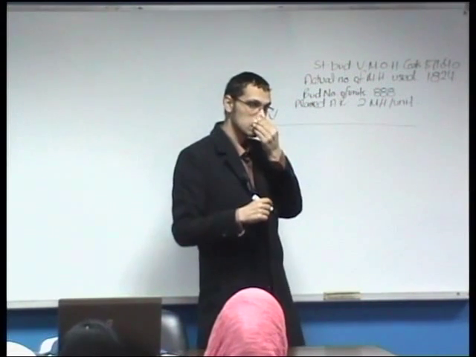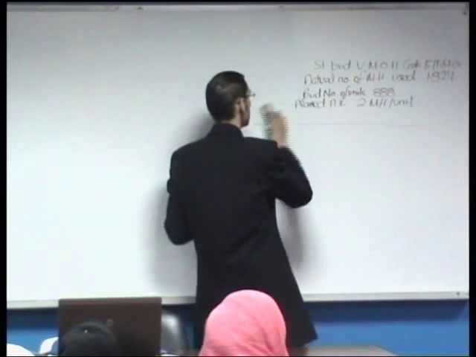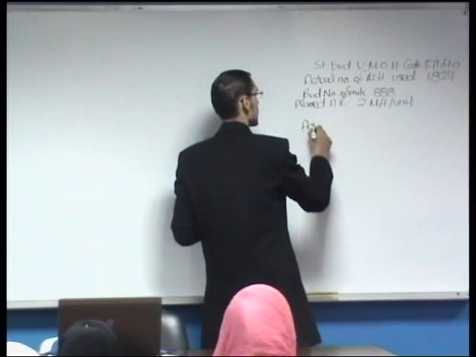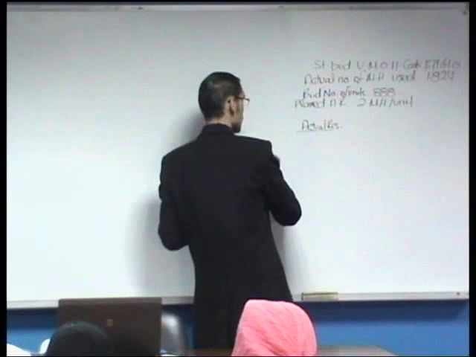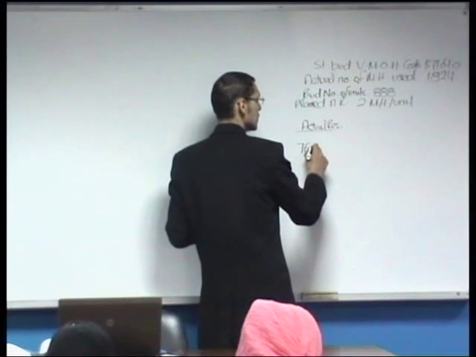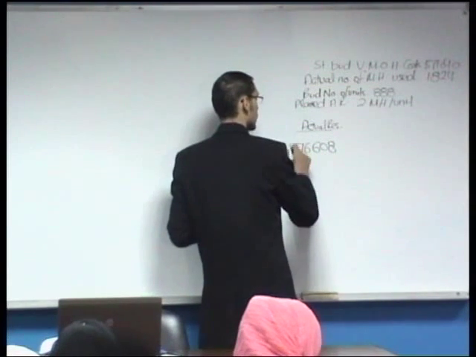The actual results are variable. Actual results. Therefore, we need to, for the variable, 76,608. Flexible budget.